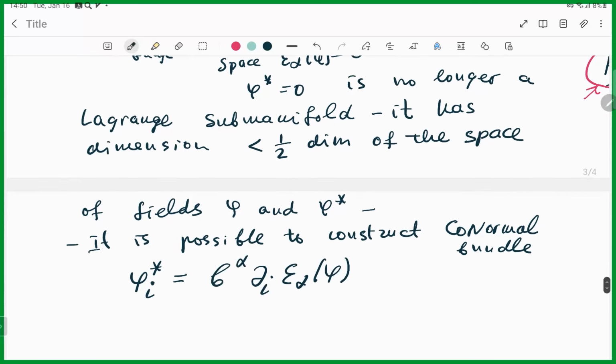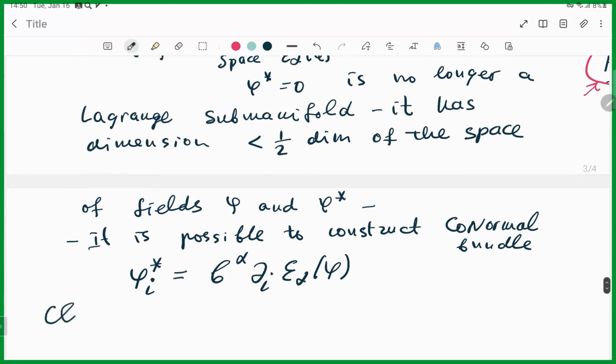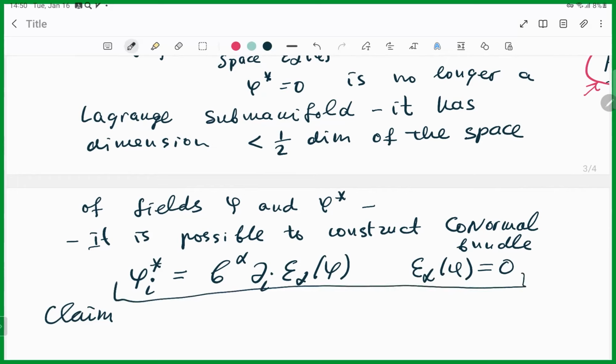So now there is a claim. This is also a Lagrangian submanifold.